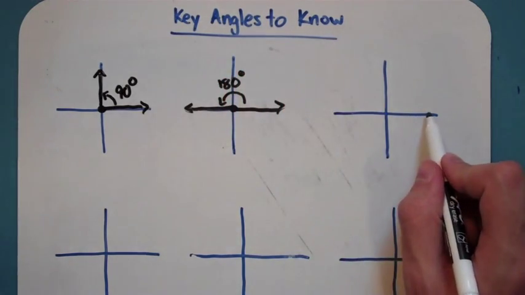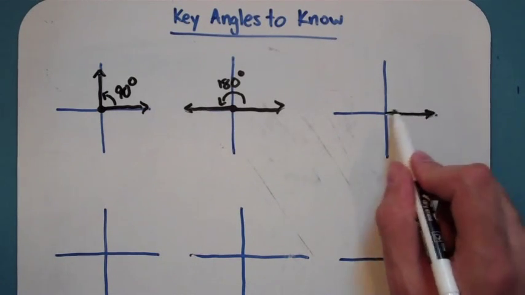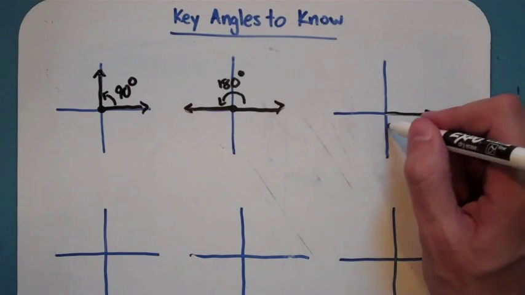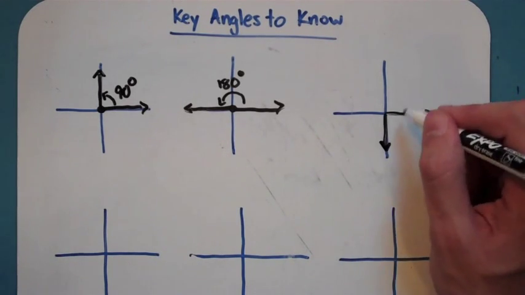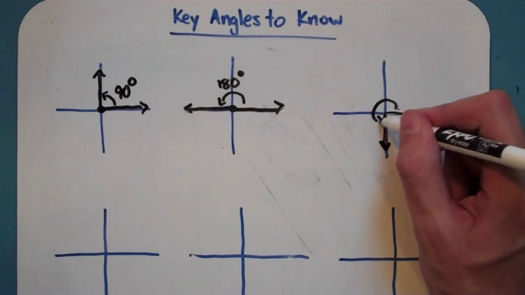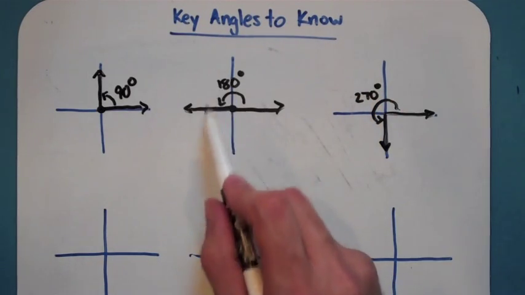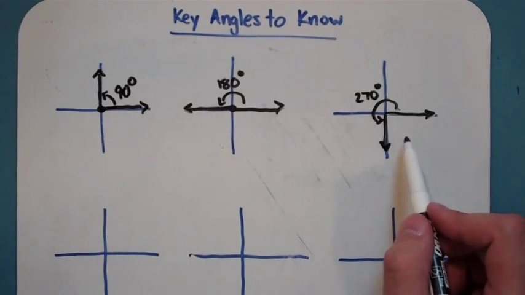And if you were to spin then, still starting right here, past the 90, past the 180, all the way down to here, you would hit 270. So if you go all the way from there to there, that would be a 270-degree angle. You can kind of stack together the 90s and add them up to get your total so far.